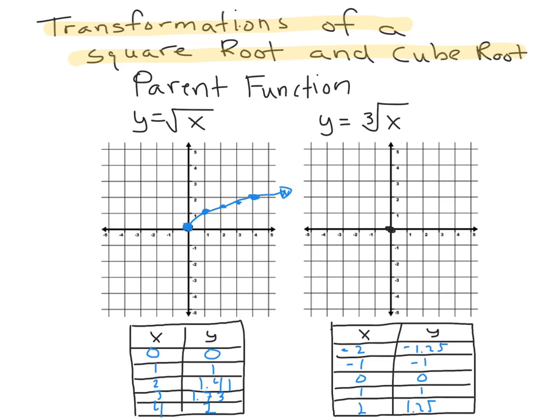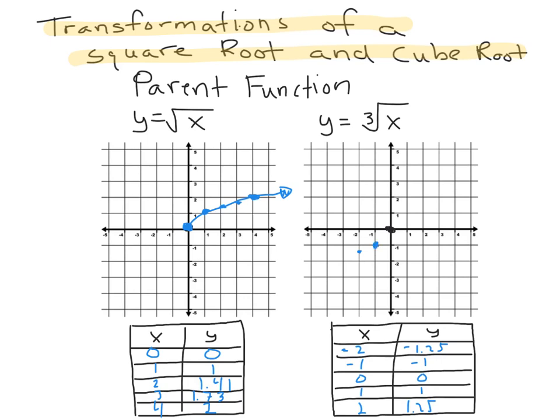Now, you'll notice on the next one, for the cube root, we can actually observe the left and the right hand side. So that's why we're starting at -2 going to +2, because you can actually take the cube root of negative numbers, okay? Now let's go ahead and plot them. So -2 goes to -1.25, about right there. And then the cube root of -1 is -1.